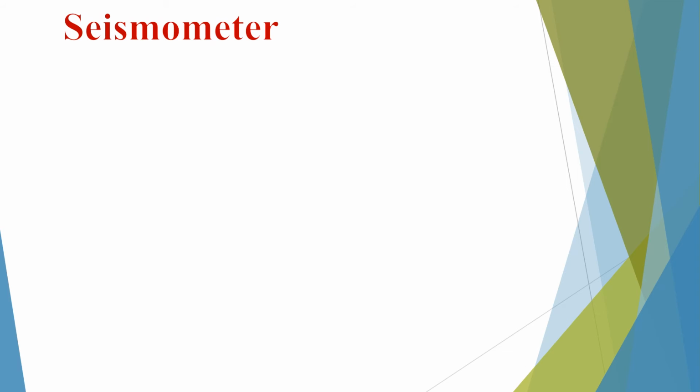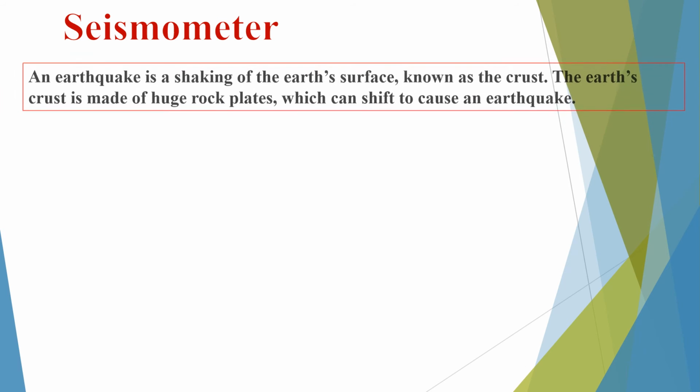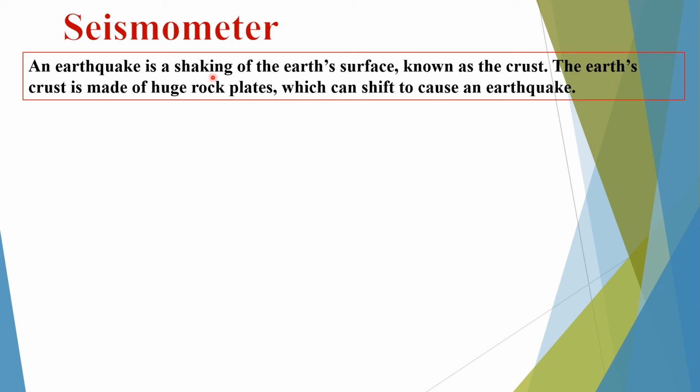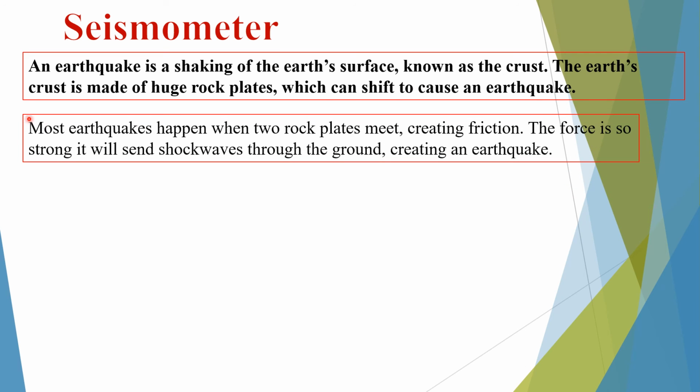Seismometer. A seismometer is used to measure the intensity or strength of an earthquake. An earthquake is a shaking of Earth's surface, known as the crust. The Earth's crust is made of huge rock plates which can shift to cause an earthquake. Most earthquakes happen when two rock plates meet, creating friction.